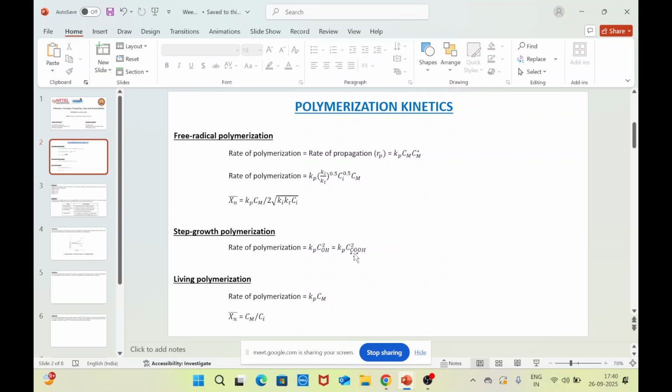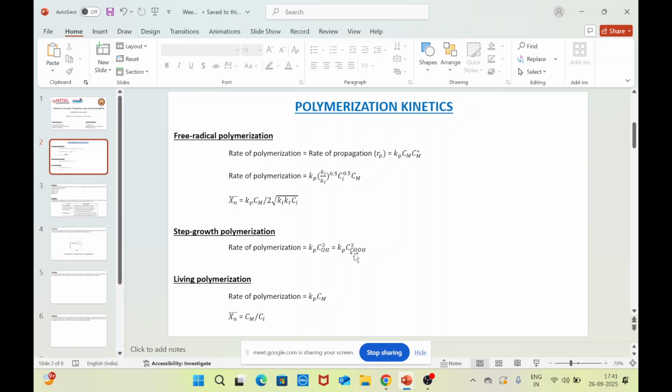These three polymerizations are the fundamental mechanisms that govern a particular polymerization process, or these are the three routes for polymerization. But when you scale it up, or think from the industrial perspective, there are different types of polymerization processes used for scaling up the production of polymers.